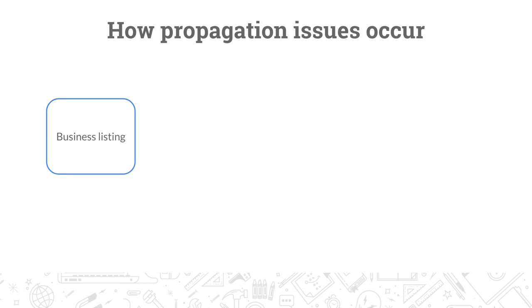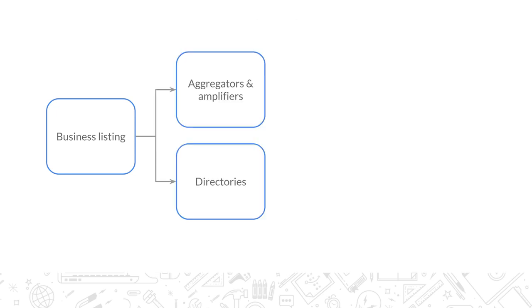Let's look at this from the perspective of search. So how business propagation occurs from a search perspective. So let's say that this blue square represents you, the business, and you have a physical location, name, and phone number. That would be your listing. You then decide to go out and use whatever aggregators and amplifiers or directories to get the word out about your business.